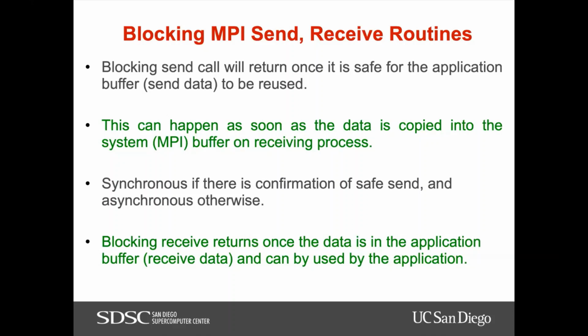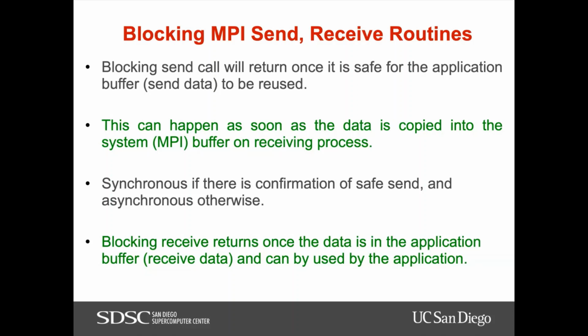So there are different send and receive options as I was mentioning. I'll start with a blocking send and receive routine. The blocking send call will return when it's safe for the application send data to be reused. This can happen as soon as the data is copied into the system buffer on the receive process.